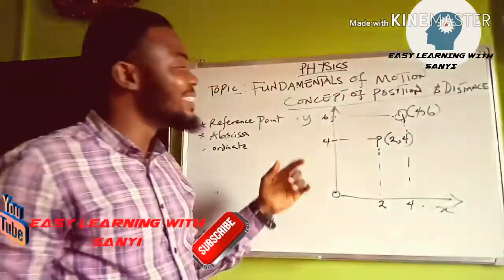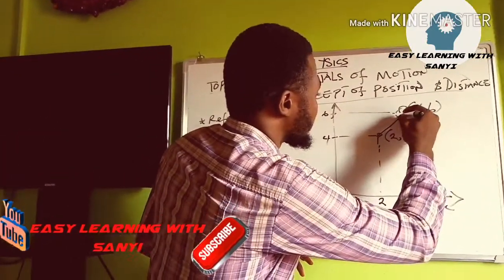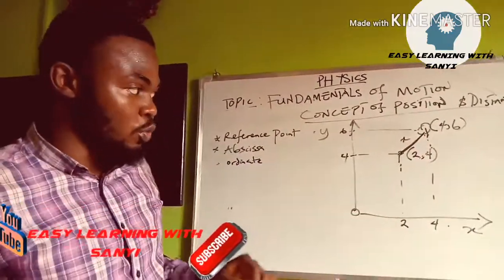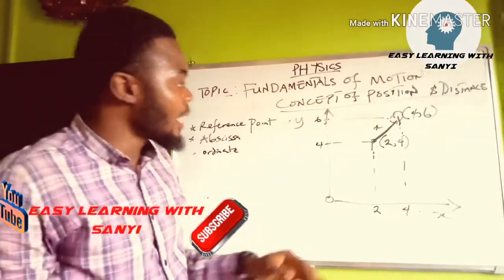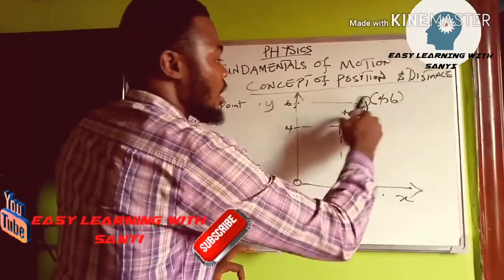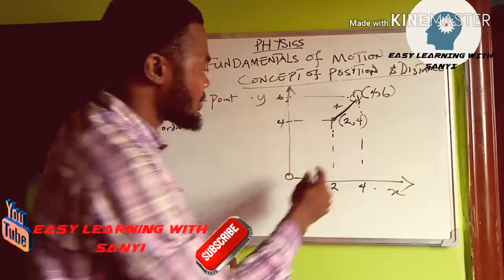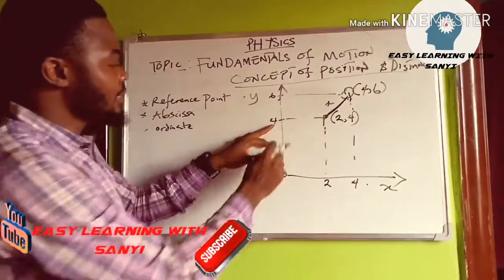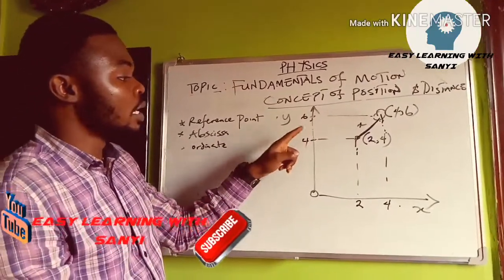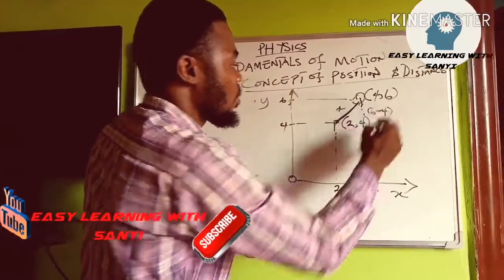Now, how do you determine the distance between P and Q? Let's call it X. Remember we have P here, we have Q here, and we are finding X. Now, from here, you can see that the vertical distance between P and Q, from 4 to 6, is 6 minus 4.